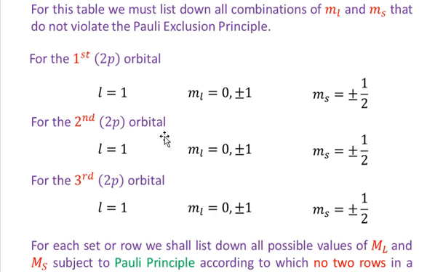Similarly, for the second p electron, L is equal to 1, ML is equal to 0, ±1, and MS is equal to ±1/2. For the third 2p electron, again L is equal to 1, ML is equal to 0, ±1, MS is equal to ±1/2. Here you may label them ML1, ML2, ML3, and correspondingly MS1, MS2, MS3.